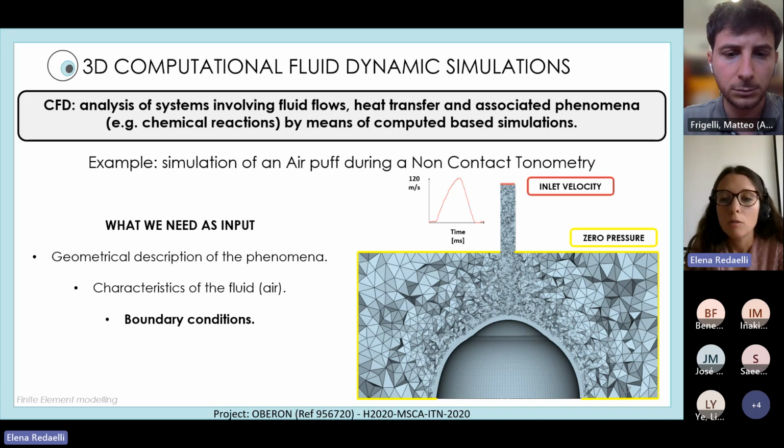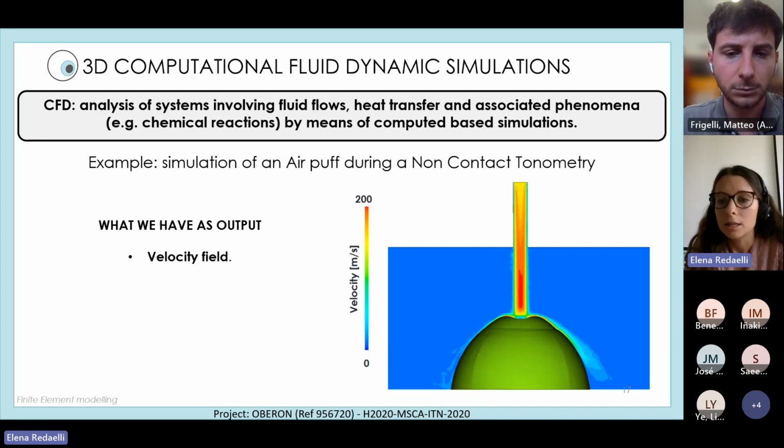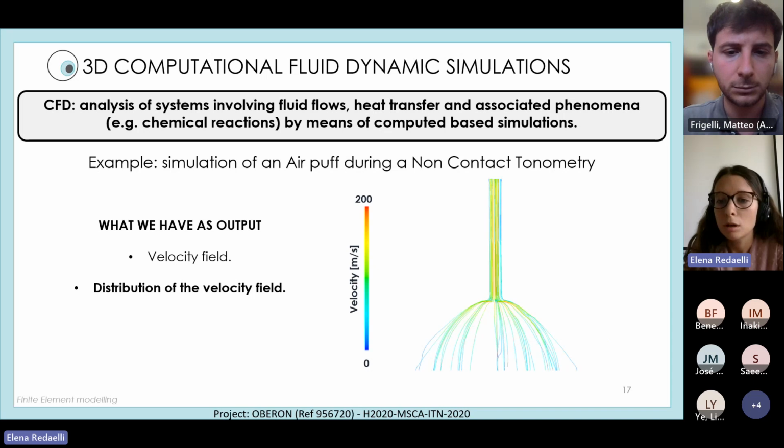Okay, so once we have these inputs that are the main inputs of the simulation, we can run it and obtain the results. For example, we have the results in terms of velocity field. This is the velocity of the air jet, but also the distribution of the velocity field.